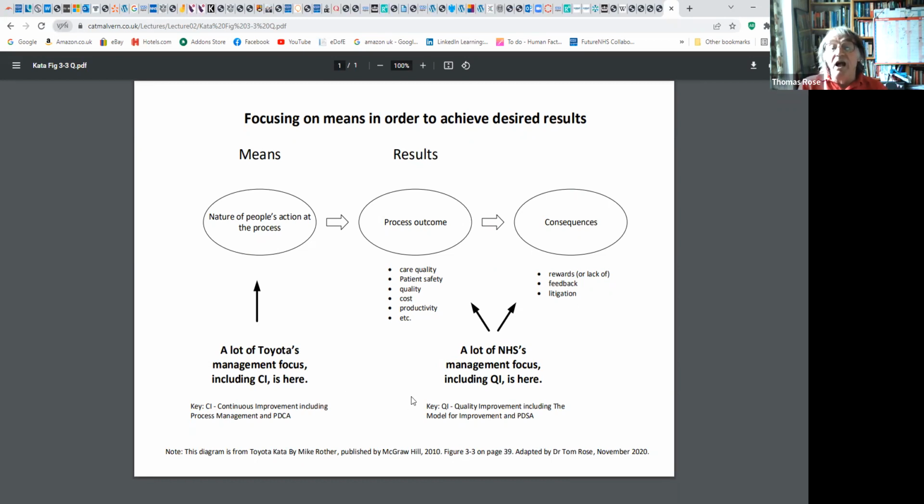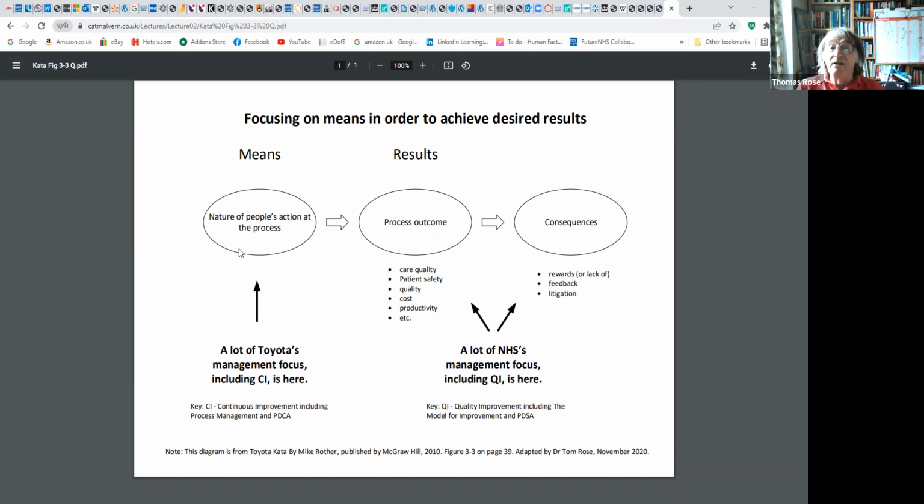And I've altered this to say the NHS, and Toyota say a lot of other businesses, the management focus is here on the output and the consequences. Unfortunately, the NHS have traditionally always measured this and set targets in this area. But I think that they're slowly beginning to realize they need to set targets in this area.